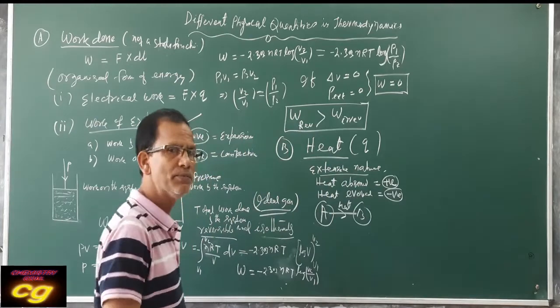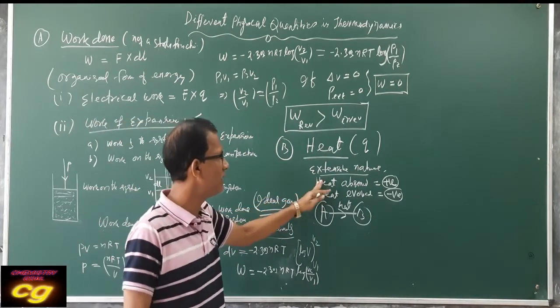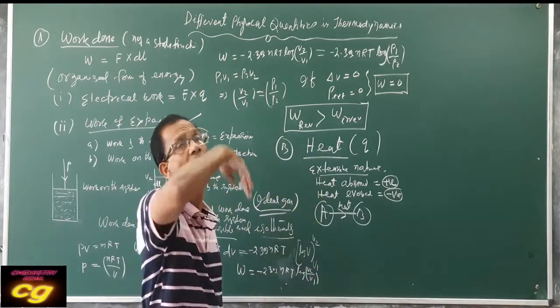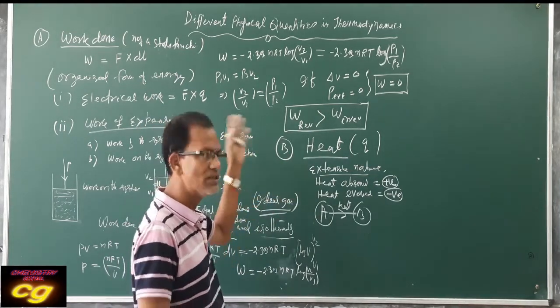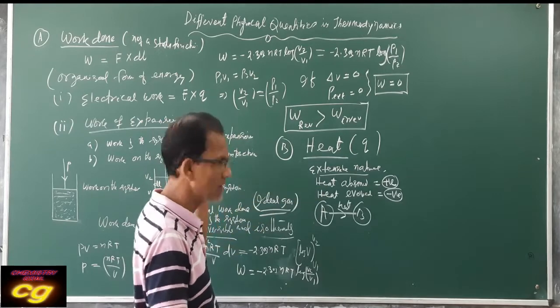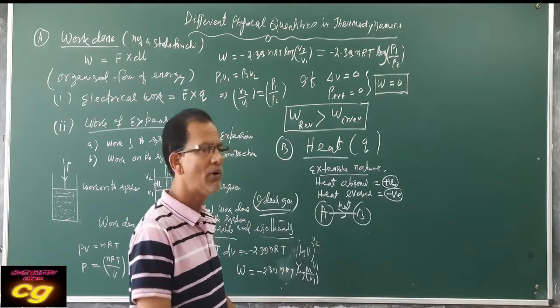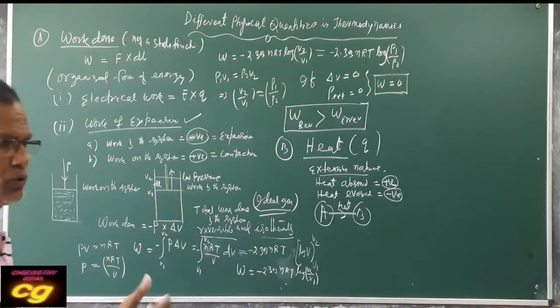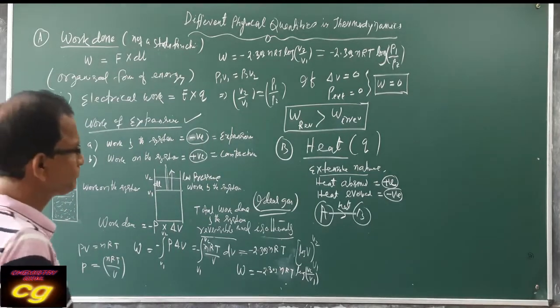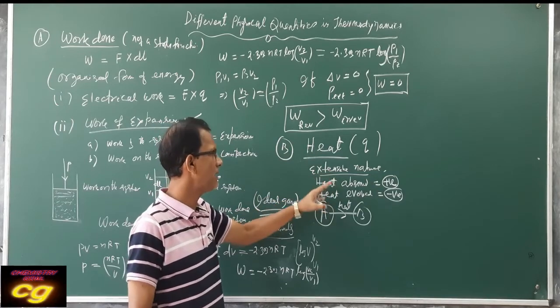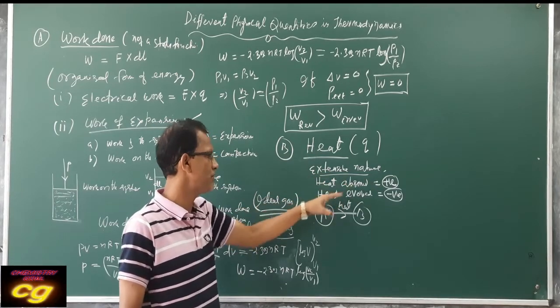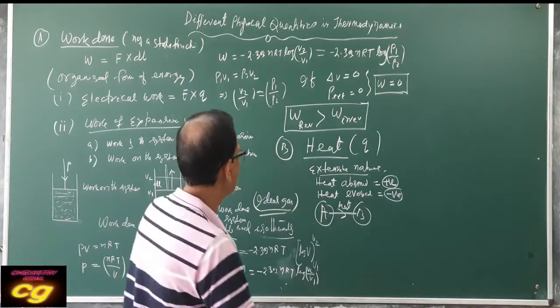It can be measured and converted to different forms of energy, such as chemical or potential energy, or converted to work done, depending upon the conditions. Heat absorbed is taken as positive, and heat evolved is taken as negative.